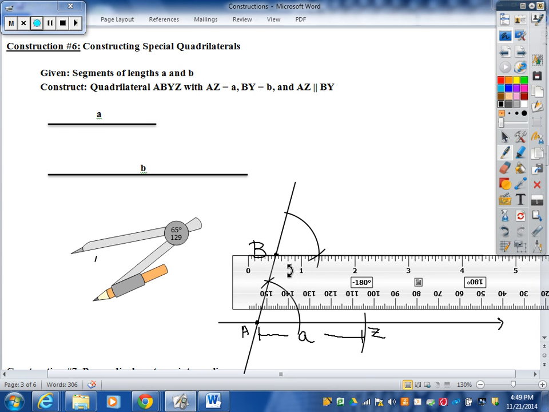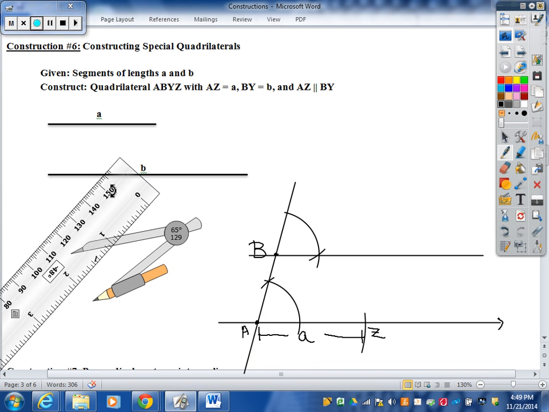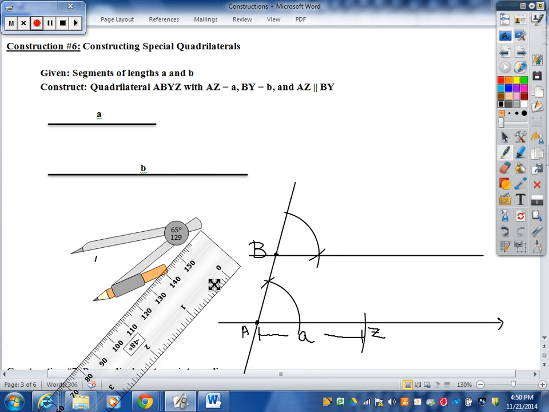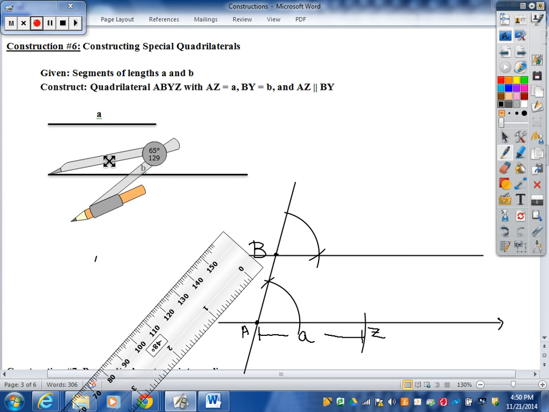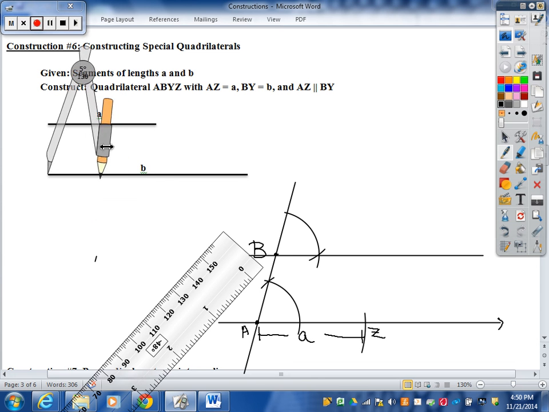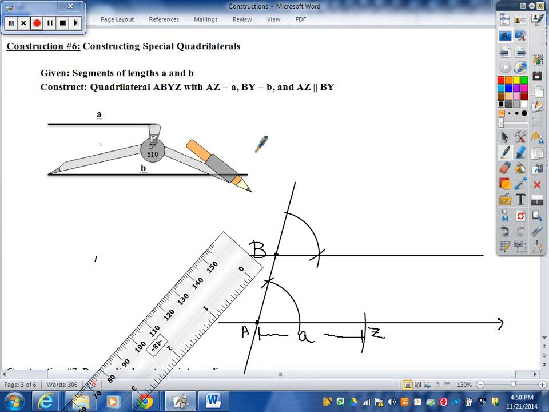Now I can go out here a little further and draw on that line. And then from there, we want this one here to be parallel to this one down here. Or I'm sorry, not parallel, but we want this one to be a length of B. So I'm going to go up here, use my compass, and stretch it the length of B. Right there.